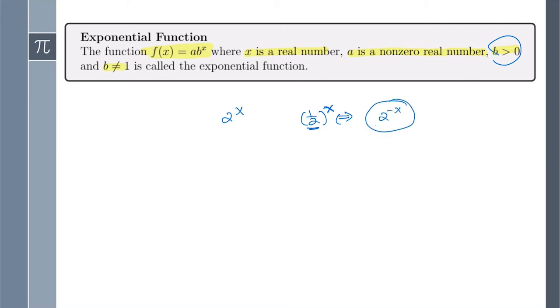That's why this is the standard form. We write b as a number greater than 0, and then we have that negative exponent. But this is not wrong. This is also an exponential function. The definitions are more general, so we should not get confused when we look at the definition. Okay, now let's see what we have in the next slide.